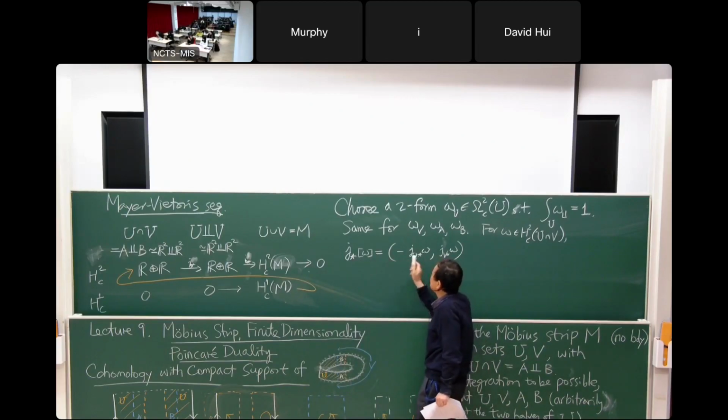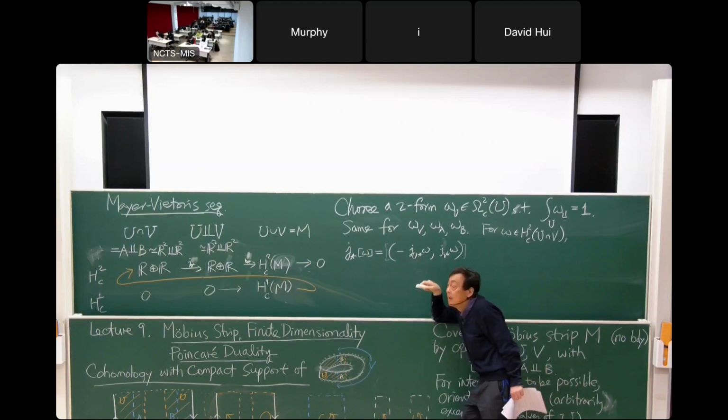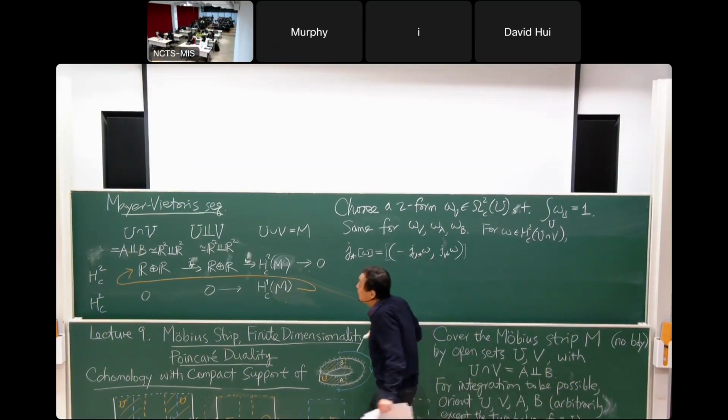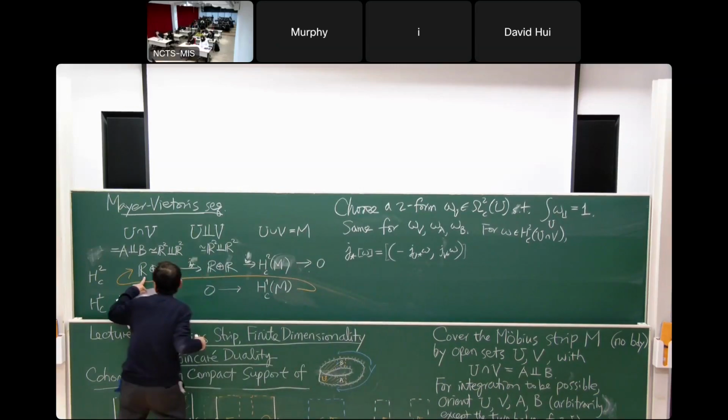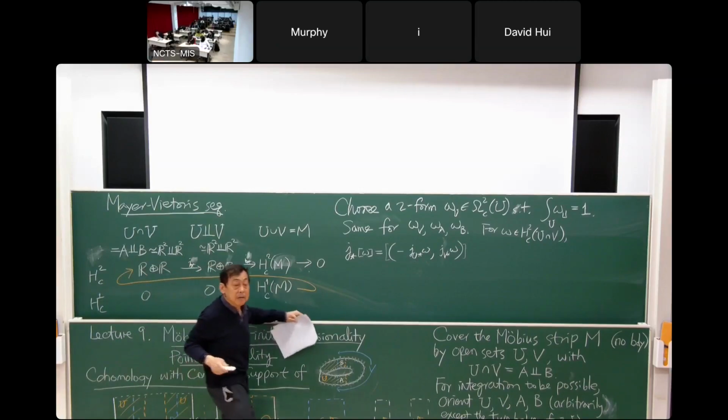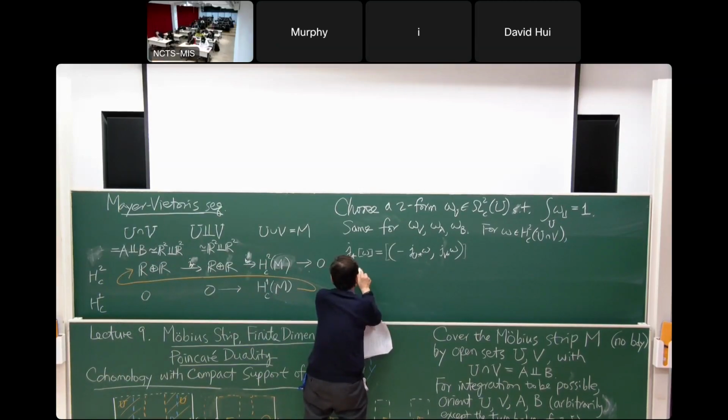I should take the cohomology class of the whole thing. Now here we have two generators, omega A and omega B. So we should try to figure out what J U lower star of omega A is.